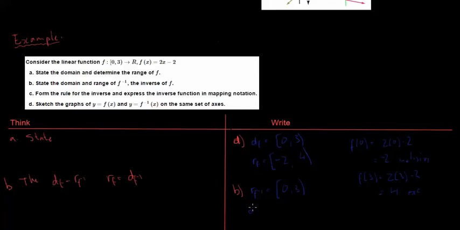The domain of f inverse is equal to negative 2 to 4. Cool, that's nice and easy.